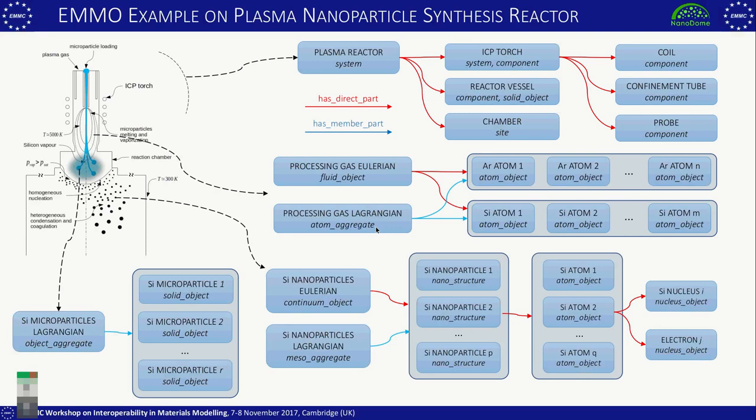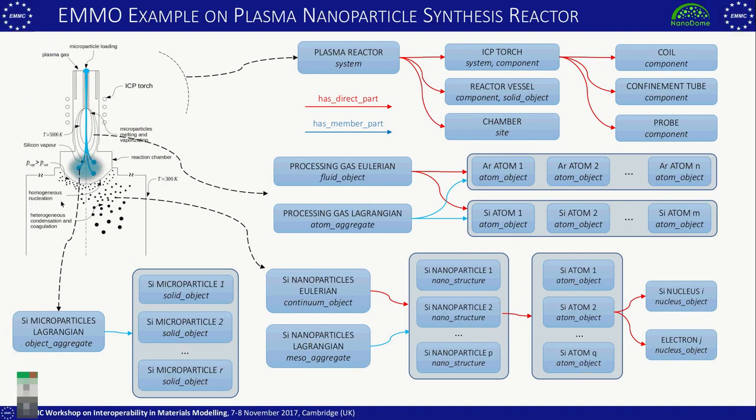So what we want to do is to collect use cases, something like this one: a plasma torch with powders that evaporate and then nucleate to form nanoparticles. But also simplest cases. For example, the combination and dissociation of a molecule is also a very important case. It's very simple, but it is very important.